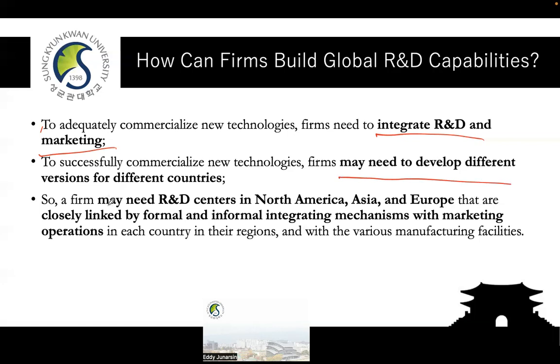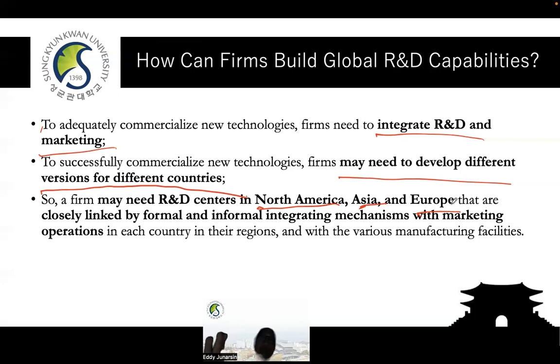We may need to develop different versions of the R&D facilities in many countries. For example, you have maybe quite major differences in North America, Asia, Europe, or Africa, and some other continents like Australia and so on. So we might need different R&D centers to cater to different markets, because again, we integrate the R&D and marketing and other functions.